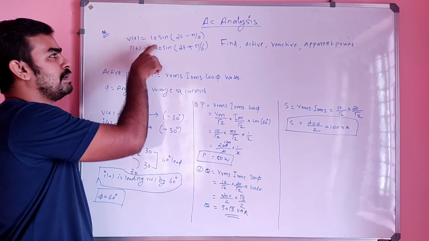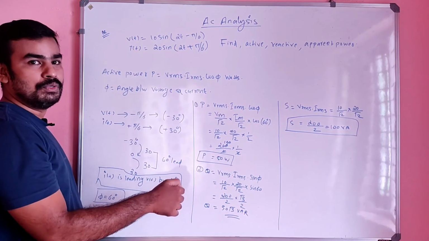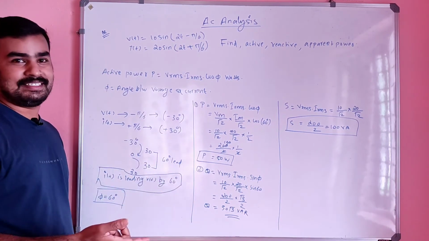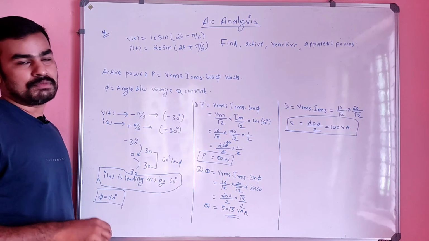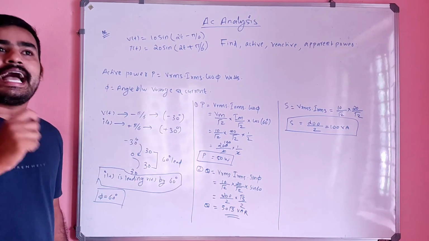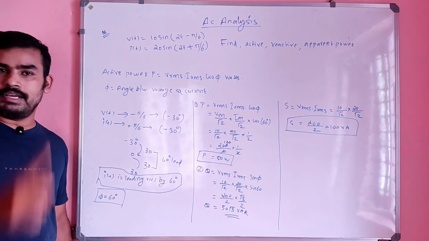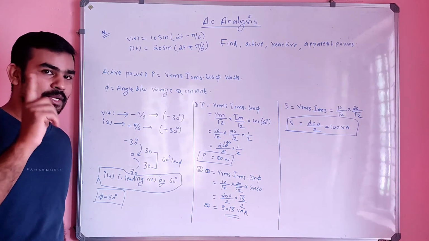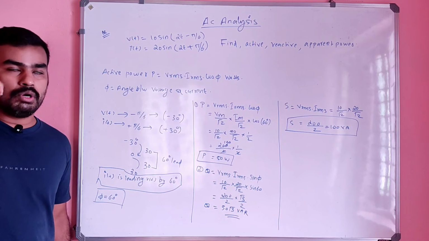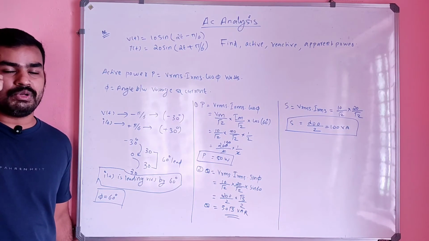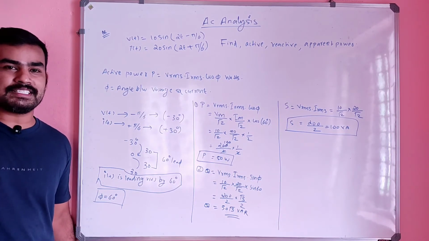This is Vm and this is Im, but in the problem you have to convert it into Vrms and Irms, because in the power equation VI cos phi or VI sin phi, these are RMS values. You should take care of that. Always fix it in your mind that it is RMS, it is RMS, it is RMS.